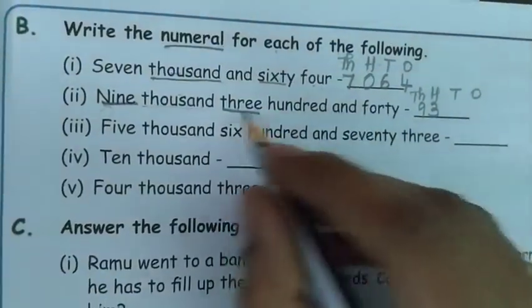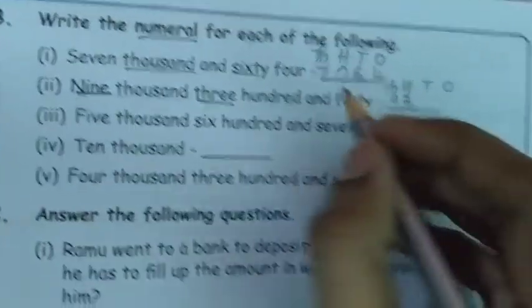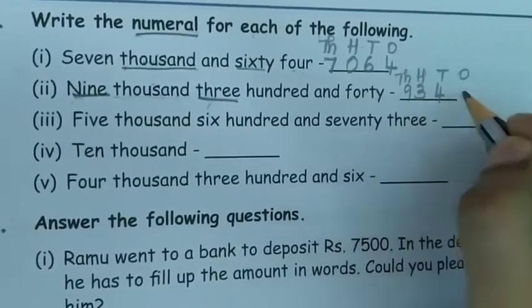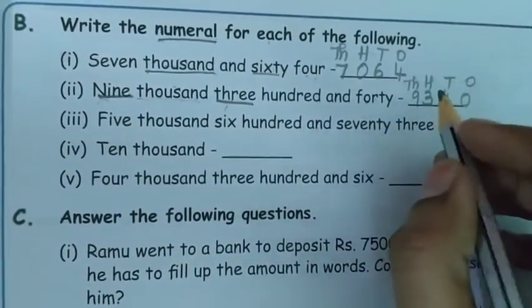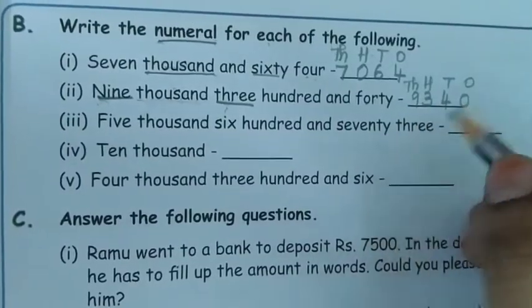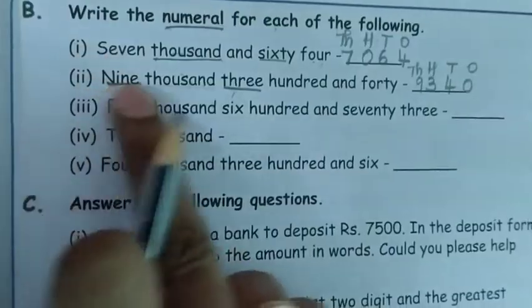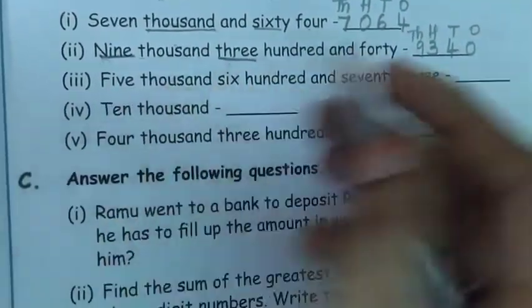Okay, va? 40. Okay, va? 40 means 40. Now you say the number name for this number, ma? 9340. Correct?